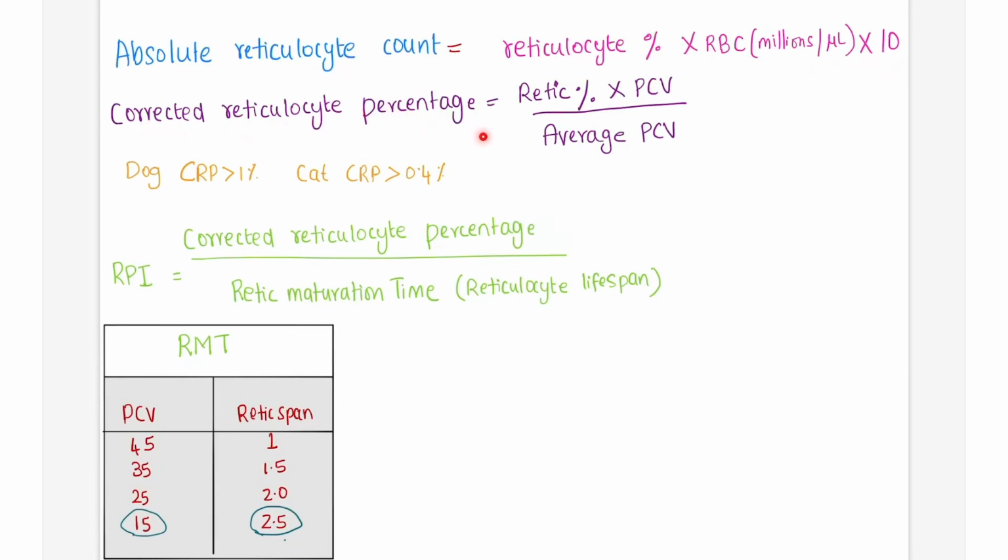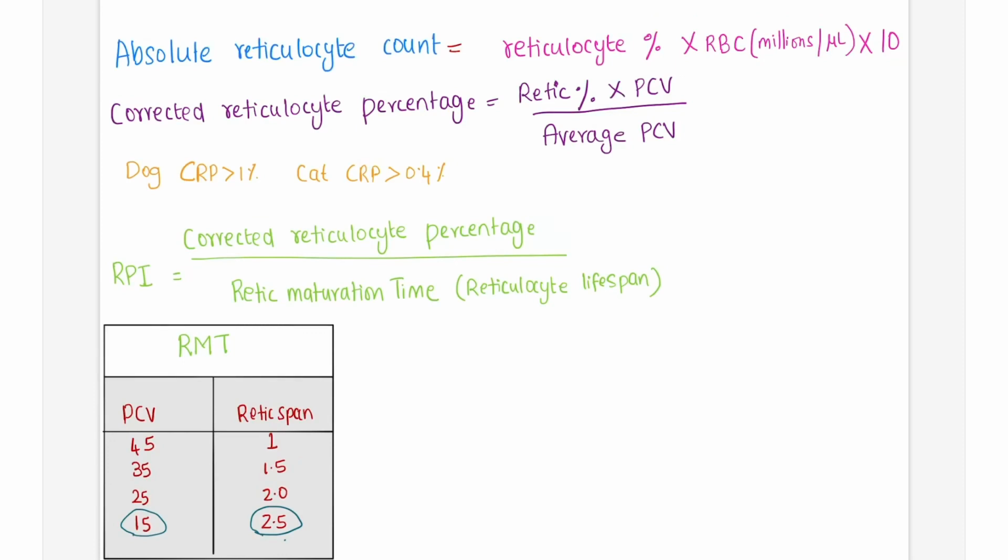Corrected reticulocyte percentage is obtained by the product of retic percentage and PCV, and the whole value should be divided by the average PCV. The average PCV varies from species to species. For dog, the average PCV is 45, and for cat, the average PCV is 37. You need to remember this.